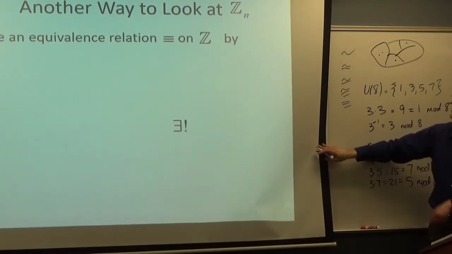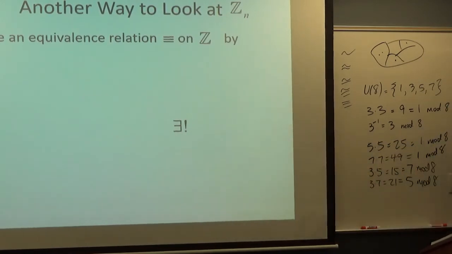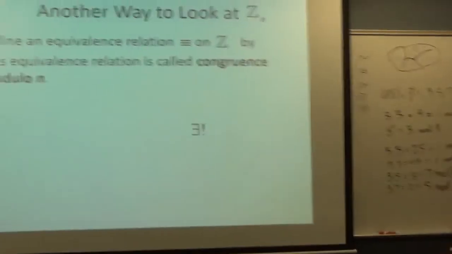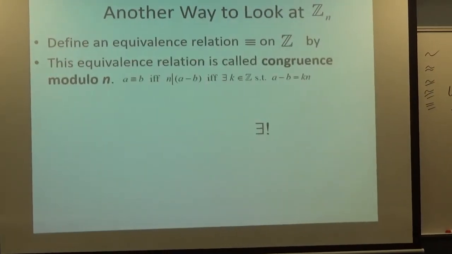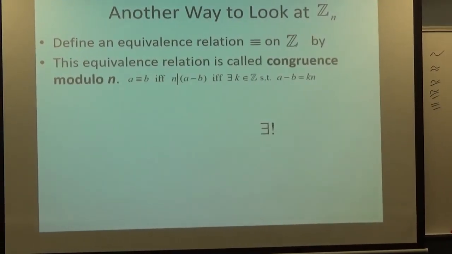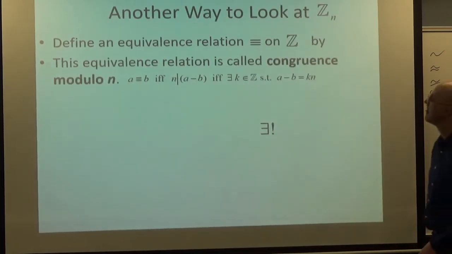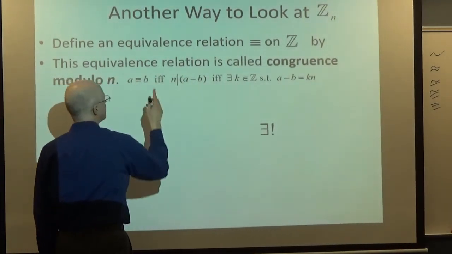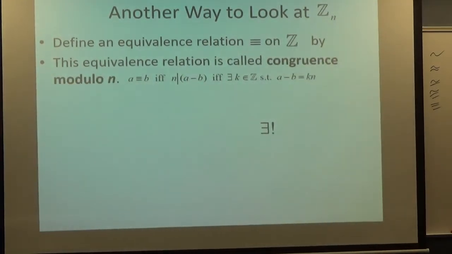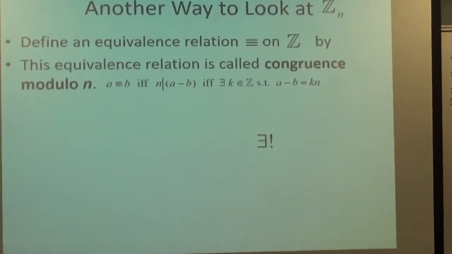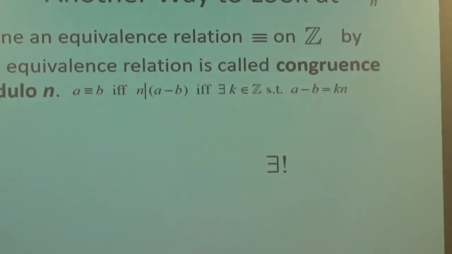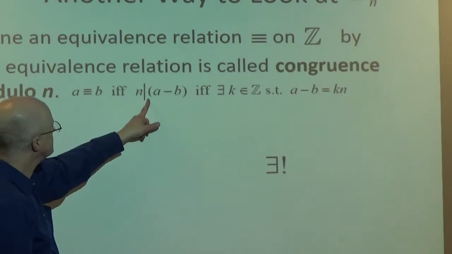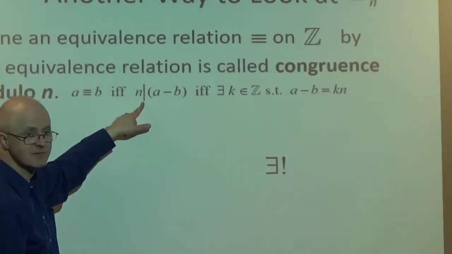We can define an equivalence relation on Z, the integers, by the following condition. It's called congruence modulo n. A is equivalent to B if and only if, for this fixed n given to be a positive integer, n divides A minus B. Remember this notation?